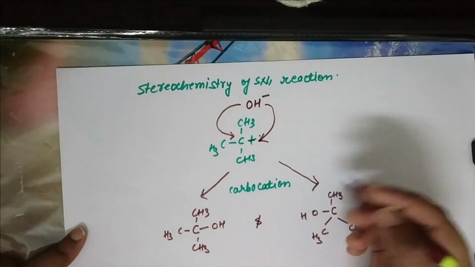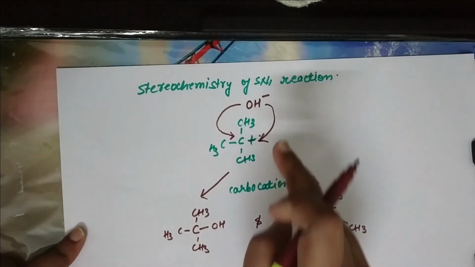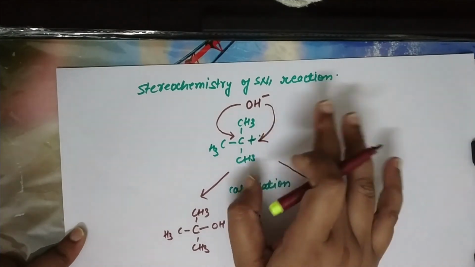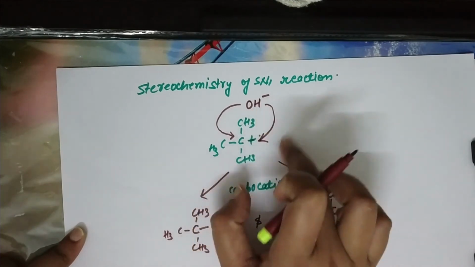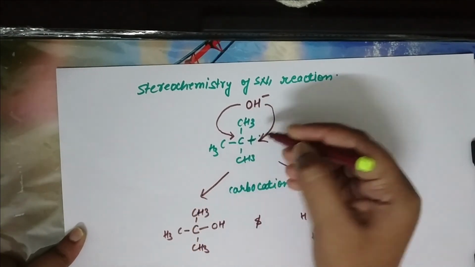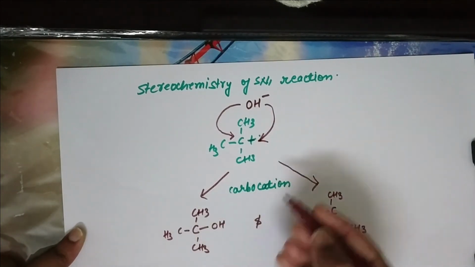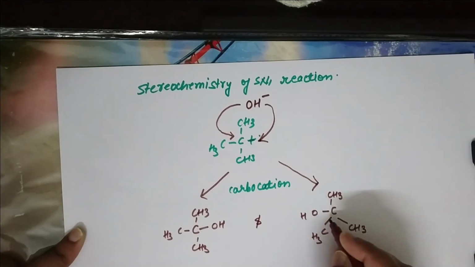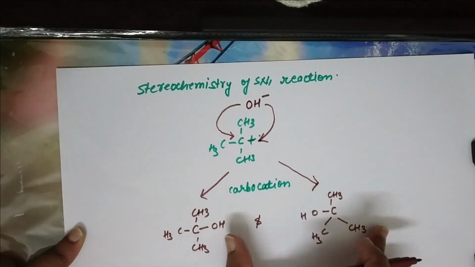In SN1 the configuration can be inverted, meaning the position where the bromine has left, it is not necessary that the hydroxy group will occupy that same position. Here it has formed a bond from the front side with carbon, and here it has formed a bond with the back side of the carbon. So here we will get a different isomer.